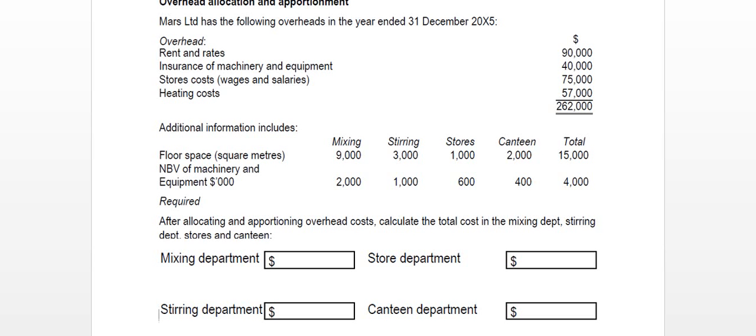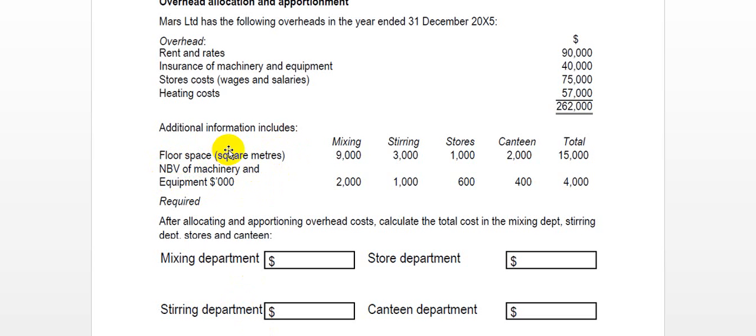Now you have to find an appropriate apportionment method depending on the particular overhead. If we take the first one, rent and rates, 90,000. From the additional information, which one do you think would be appropriate to apportion the rent and rates?